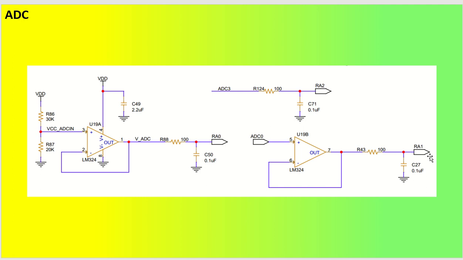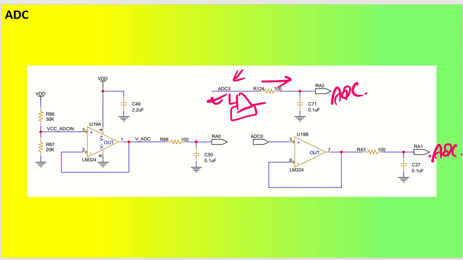RA1 is one of the port pins which is capable of ADC measurement. Similarly, RA2 is taken for the other one, ADC3, which is not going through a buffer. If you want, you can put a buffer here as well so that it doesn't give you any trouble. But in this case it doesn't require any buffer, it has already been buffered in the respective board, and you can just filter it and send it to the ADC pin of the microcontroller.